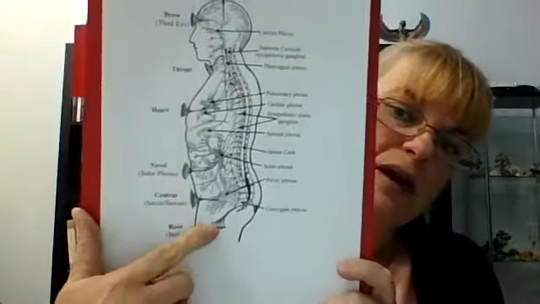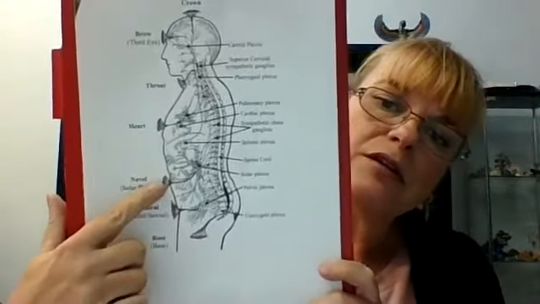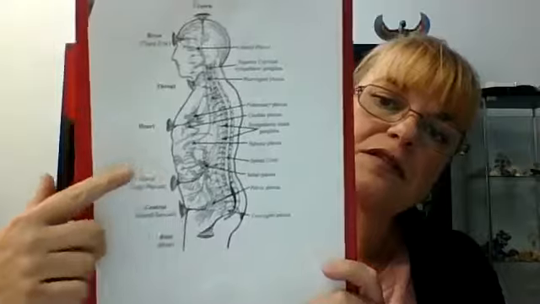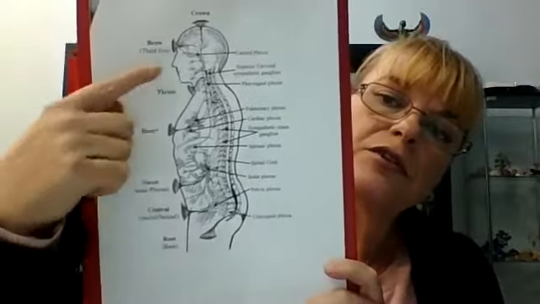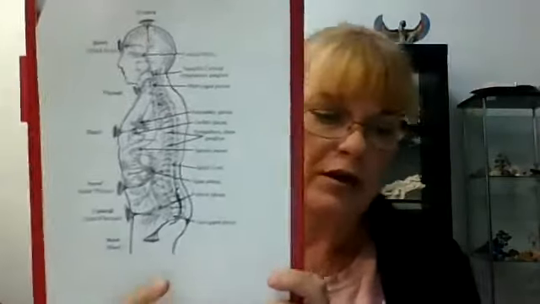But the ones people work with the most are the 7 major chakras, which are the base, the sacral, solar plexus, heart, throat, third eye, and crown.